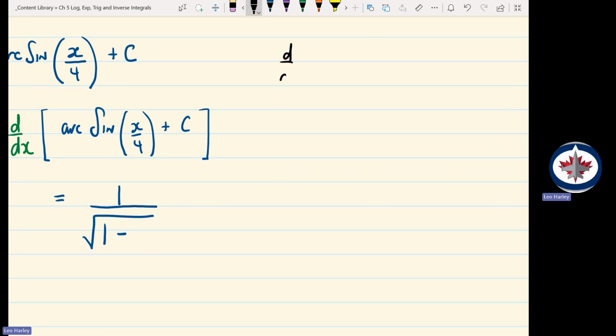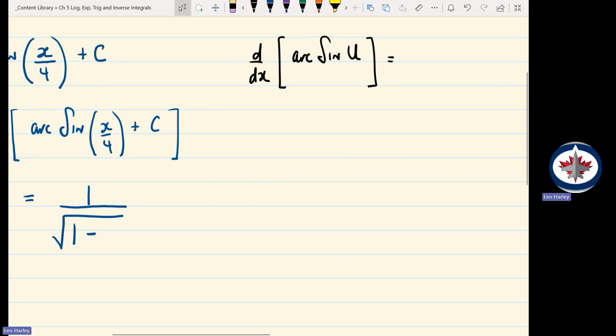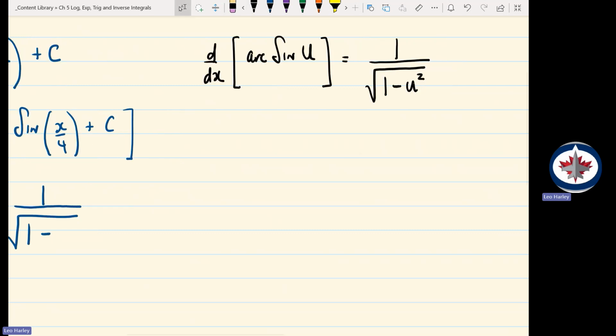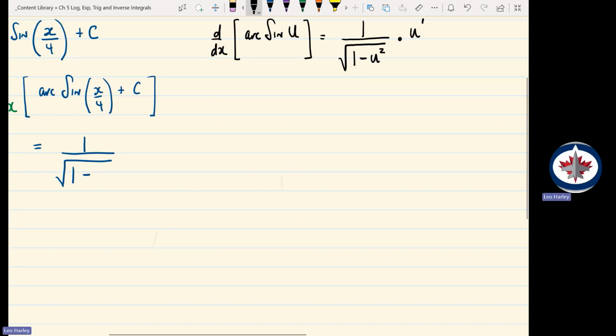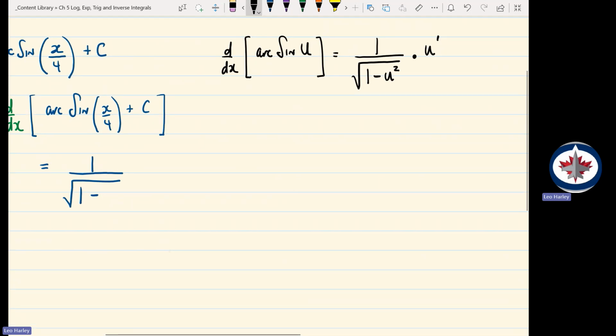If I ask you to consider the derivative of arc sine of u, from Tuesday, is this not 1 over the square root of 1 minus u squared, but then you multiply it by the derivative of u itself? Okay, that's not the formula, but that's the process we follow.